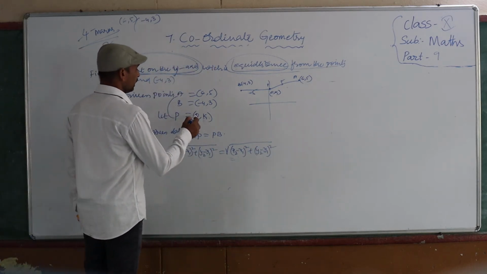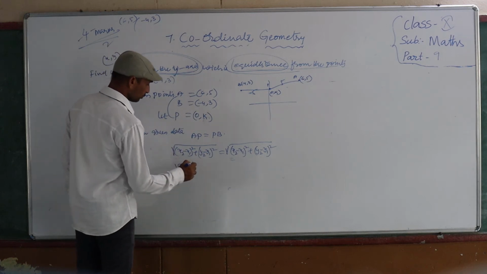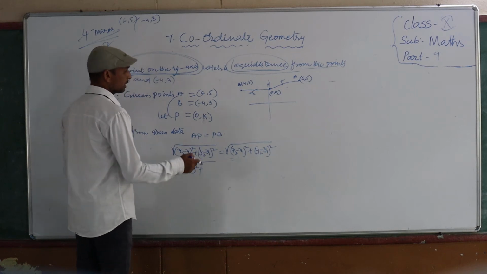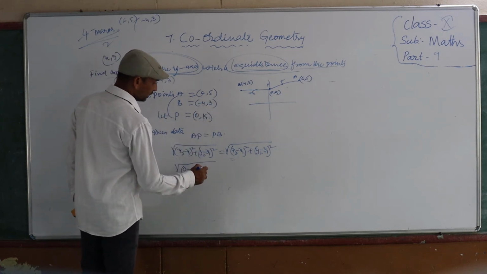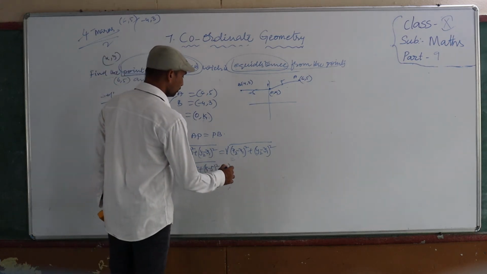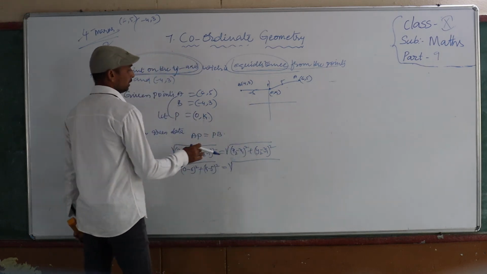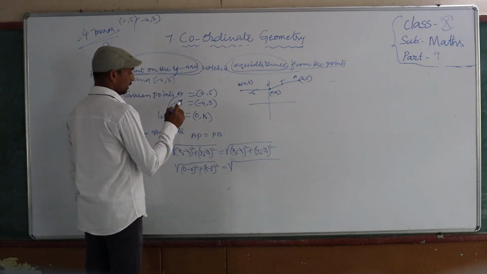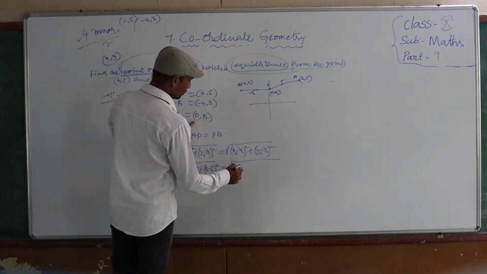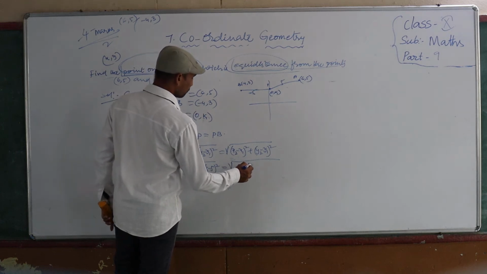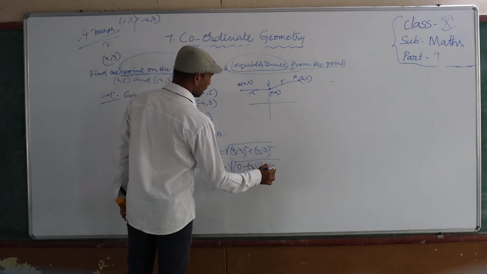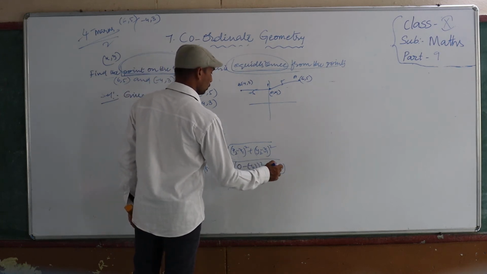So AP: (0 minus 6), plus (k minus 5), that is equal to this one. Next PB: x2 value 0 minus of minus 4 whole square, y2 k, y1 3 whole square.